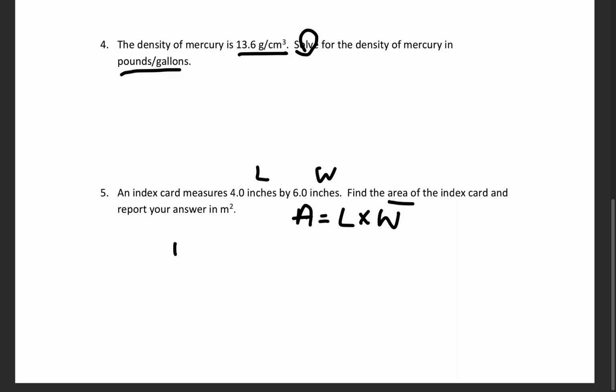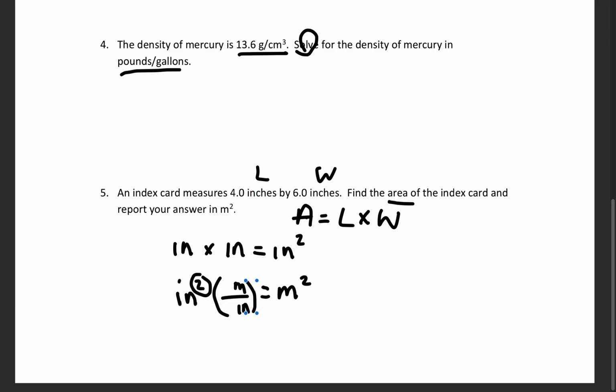Now, oftentimes people will do inches times inches, and they'll get inches squared or square inches, and then they'll try and convert square inches to square meters, and they'll do whatever the meter to inch conversion is up there. But this is wrong. There's 2 inches up here, but there's only 1 here. So even if I cancel out 1, I still have 1 left over. There's only 1 meter here and there's 2 here.